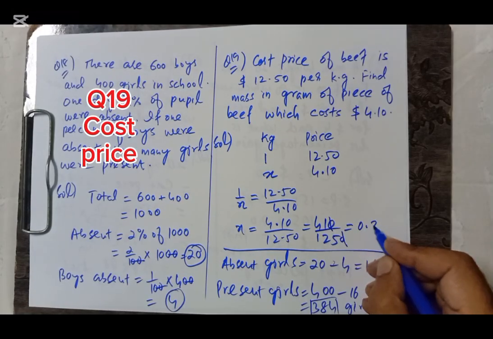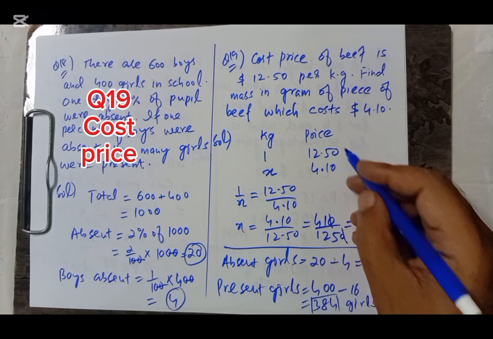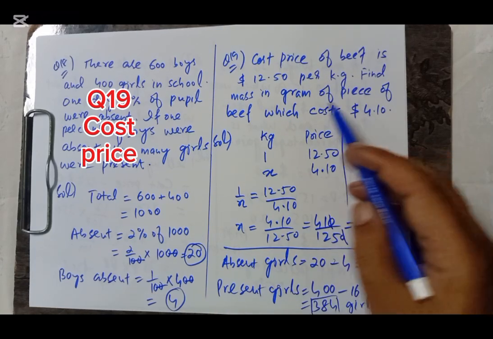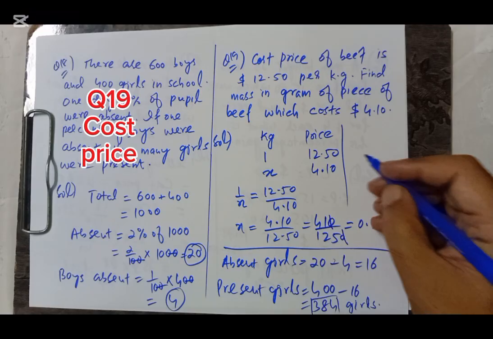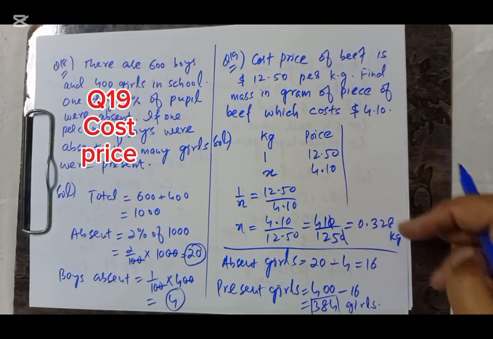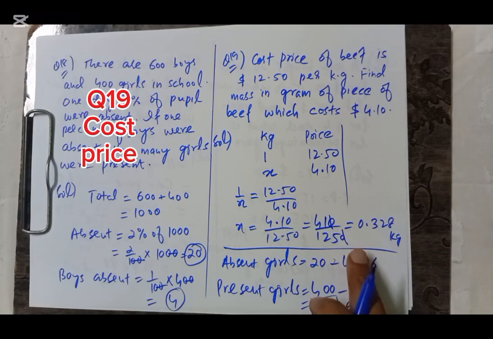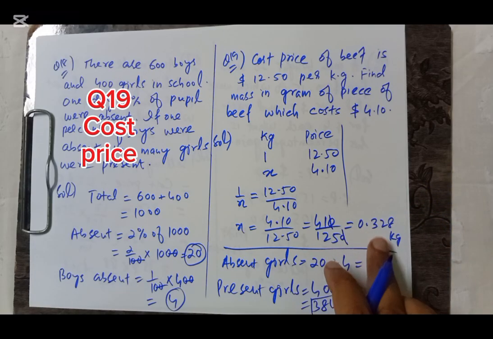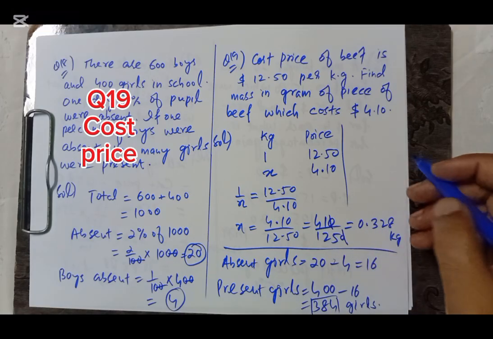that is 0.328 kg. But we need to have our answer in grams, so I want to convert this into grams. As kilogram is a bigger unit and I want to convert it into the smaller unit, grams, I will have to multiply this value by the conversion factor.